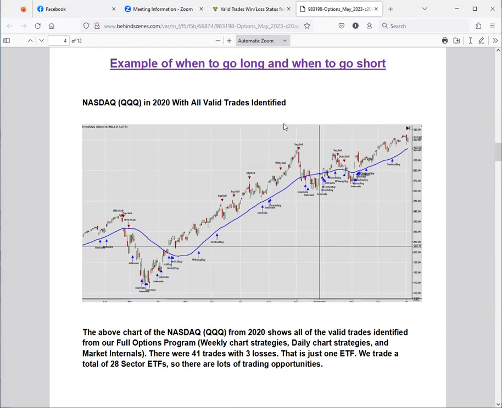There are people who trade our strategies, but they try to trade everything, and when you try to trade everything, you don't get the most out of it. If our trading plans say there are 92% wins with this ETF and this strategy, then the best way to get the most out of that is to trade that ETF and take as many trades in it as possible, as opposed to jumping around with this one, that one, the other one. Focus on a subset of ETFs and you really do get the most out of it.